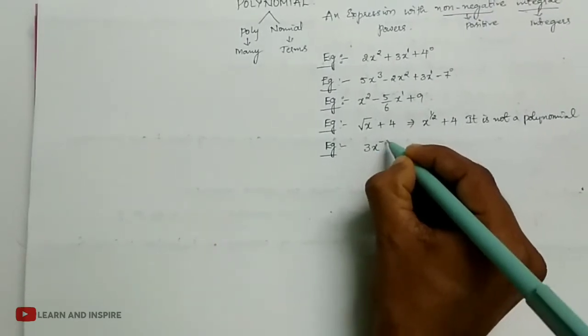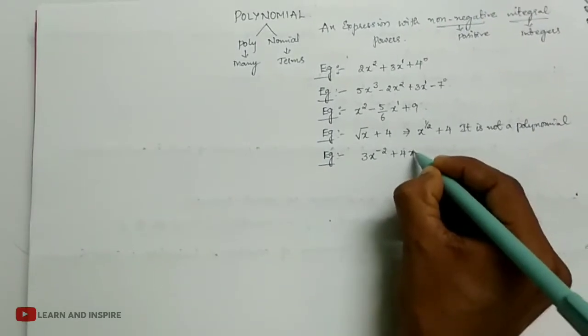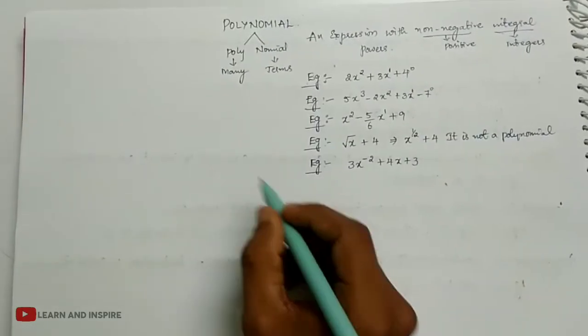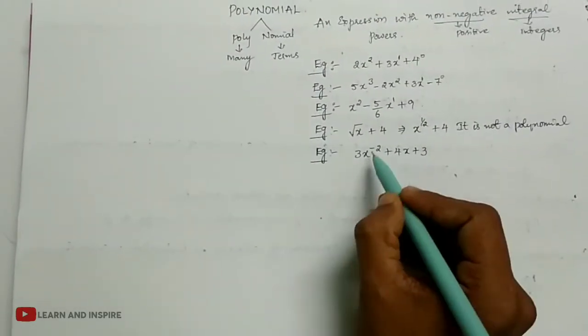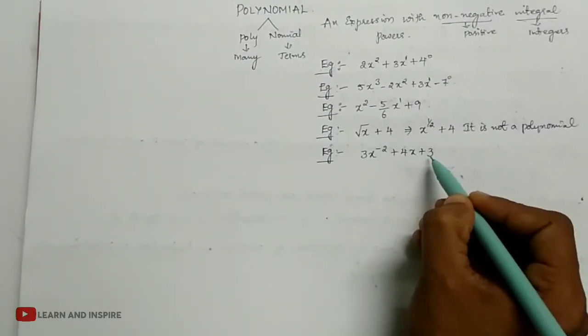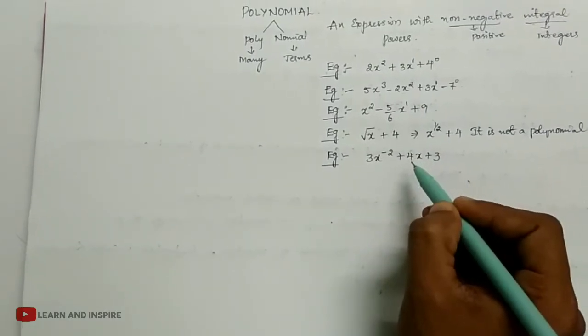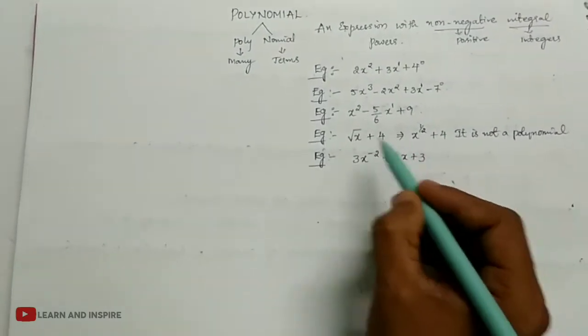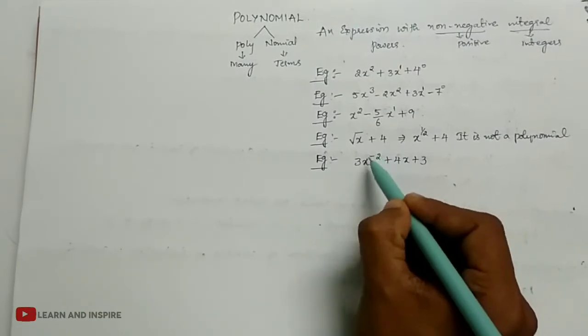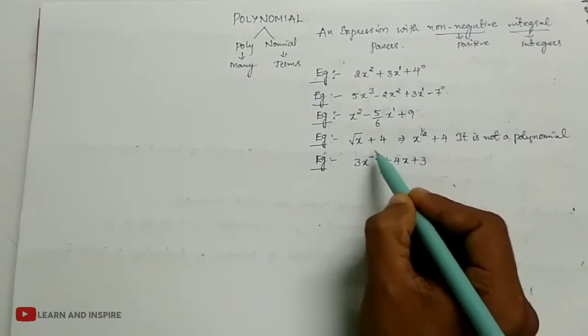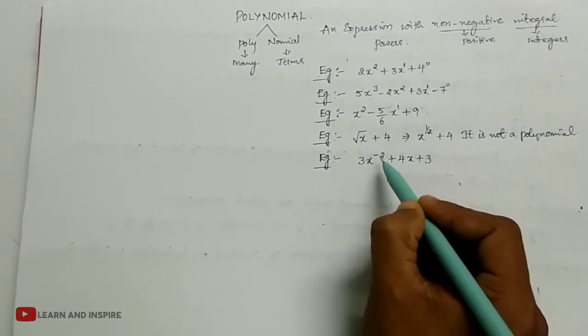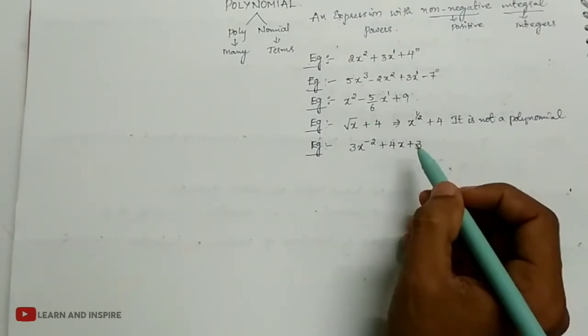The next example, 3x power minus 2 plus 4x plus 3. Is this a polynomial? No, it is not a polynomial, because the power of a term is minus 2. Minus 2 is nothing but a negative integer.